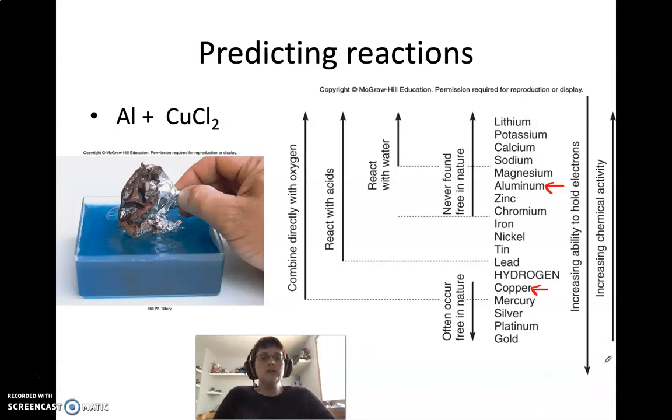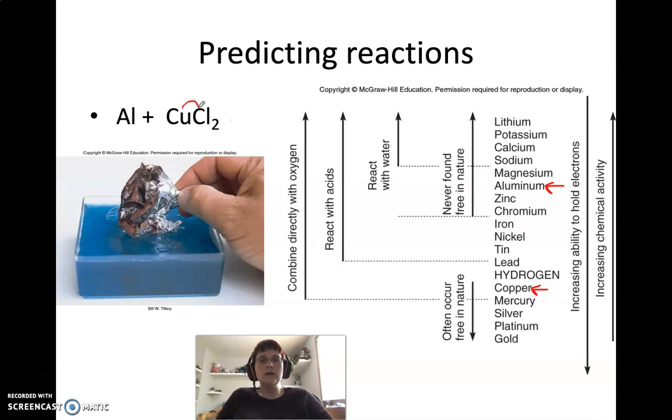All right. So how is this going to work? So as we go up the table, the chemical activity increases. And so if a metal that is in the other compound is below the free one, then the free one will replace it. So what do I mean by that? So copper is down here, it is bound to the chloride, right?